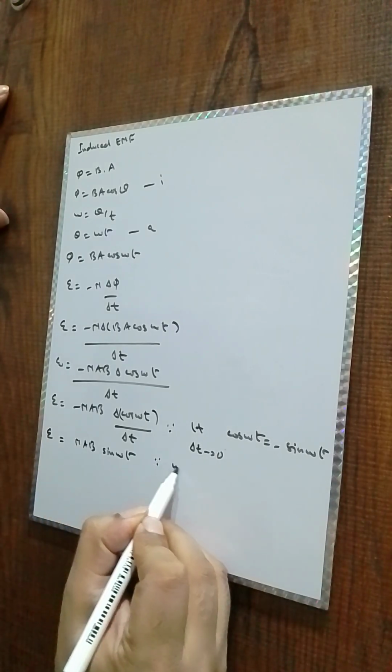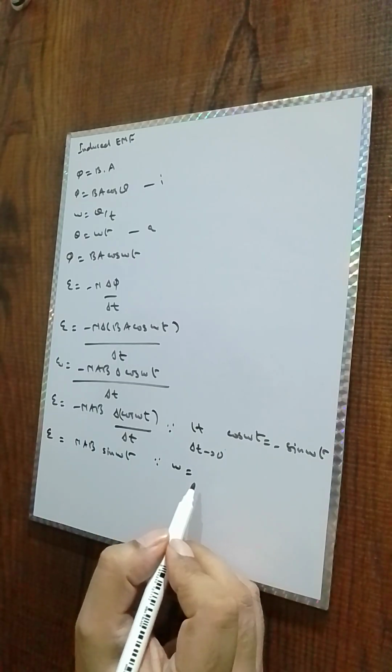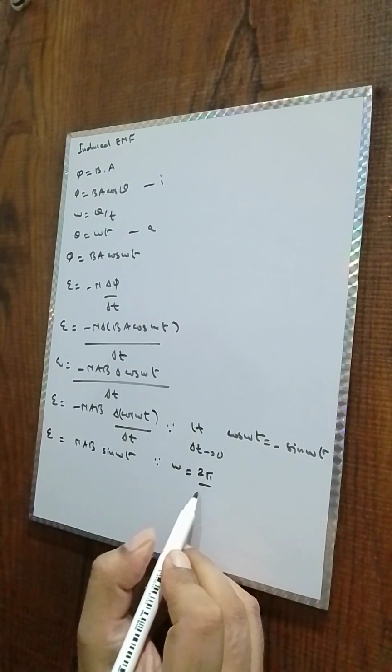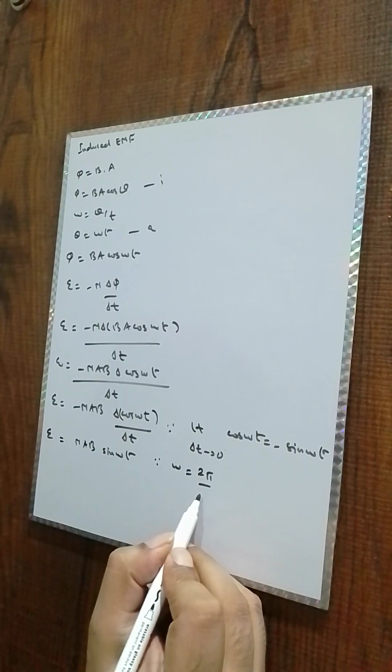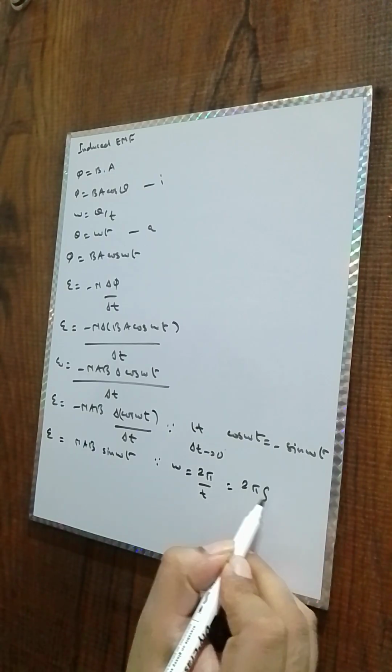And also we know from mechanics that omega is equal to 2 pi by T, which makes it equal to 2 pi f.